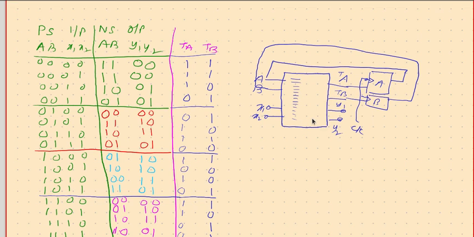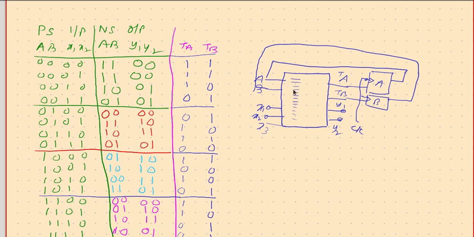The advantage of this is that instead of two inputs, if there are three inputs, you can give three inputs to this. The only thing is that the table will have 5 inputs, because there will be x3 also, so instead of 16 you will have 32 combinations.